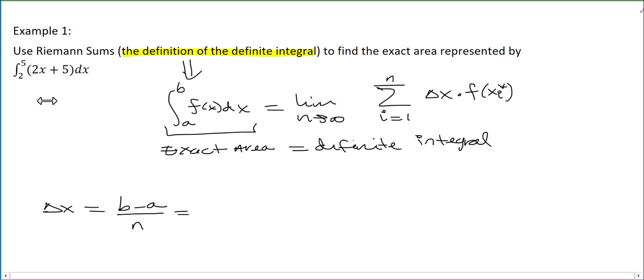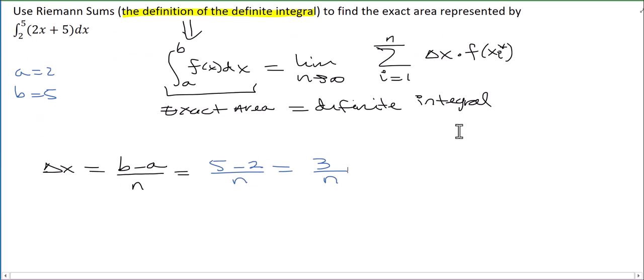In this case, a is 2 and b is 5, so b minus a will be 5 minus 2 over n. We don't have a specified number of rectangles, so we just leave it as n. So the length of each rectangle is going to be 3 over n. So the base is going to be 3 over n.